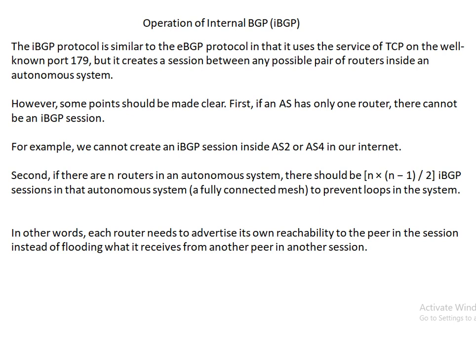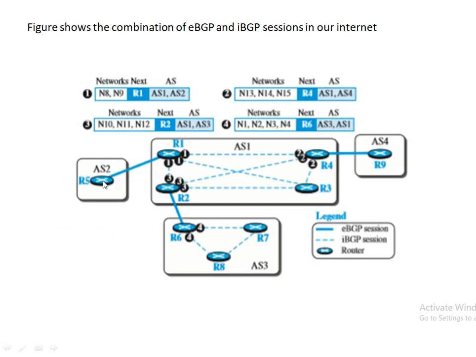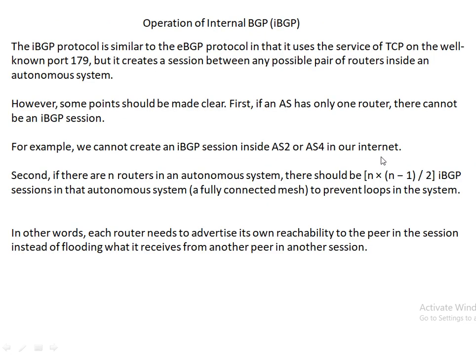For example, in our network, AS2 has only one router, and AS4 has only one router. So in these two, AS2 and AS4, there is no need for iBGP. The second point: if there are n routers in the autonomous system, there should be n times (n minus 1) divided by 2 iBGP sessions in the autonomous system, which creates a fully meshed network, to prevent loops in the system.